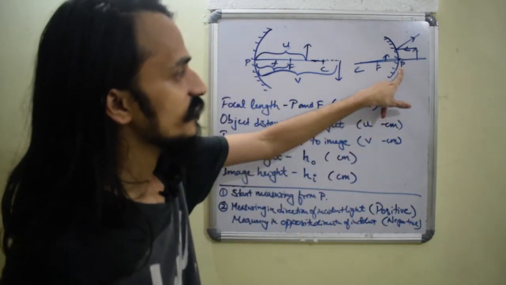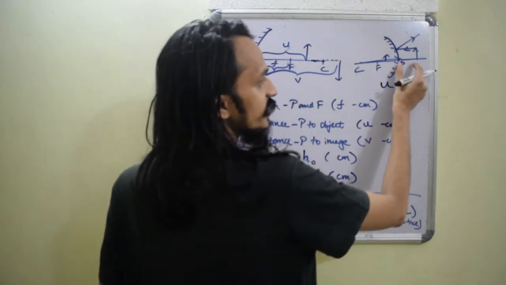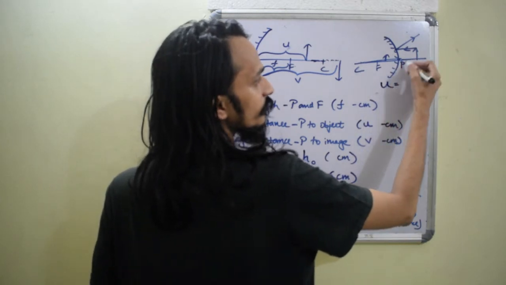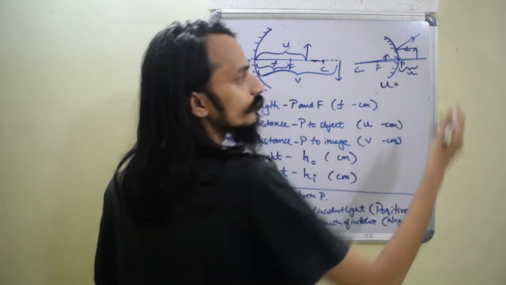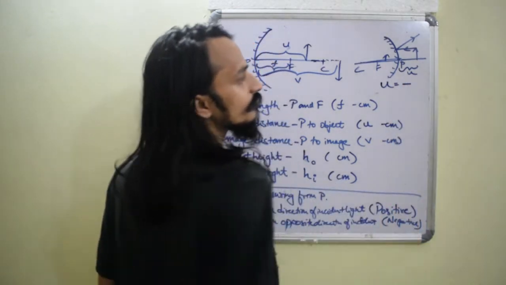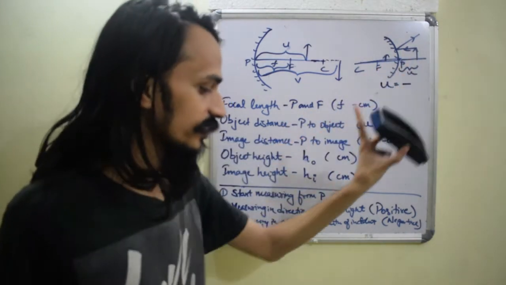From P, if I start measuring, U is measured from P to this object over here. This is U, right? Over here U is going to be negative because light is coming like this, but I am measuring like this.